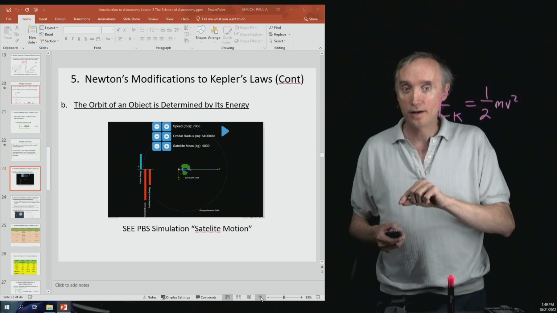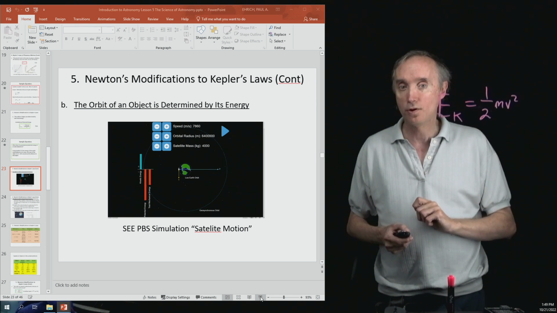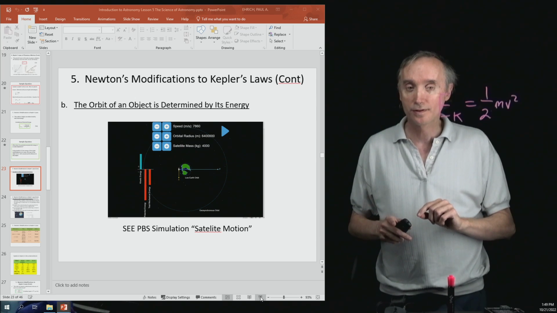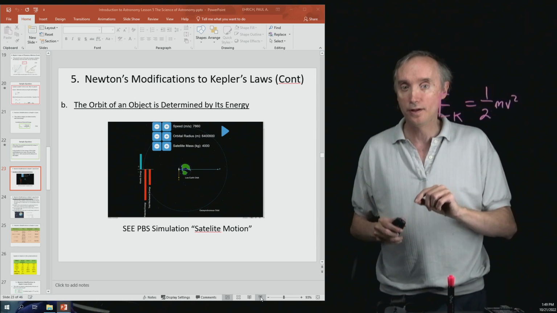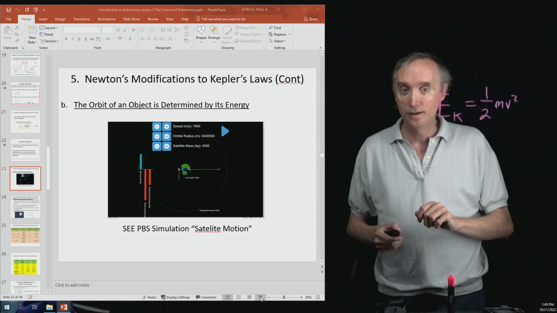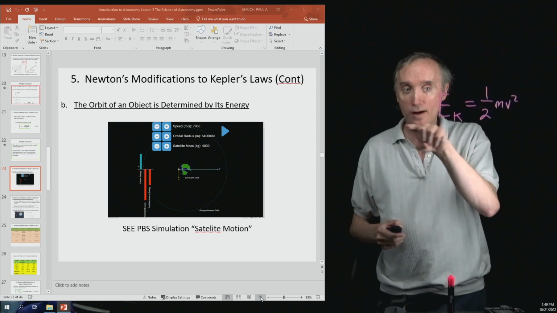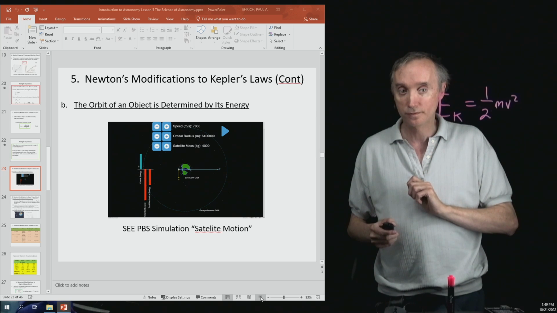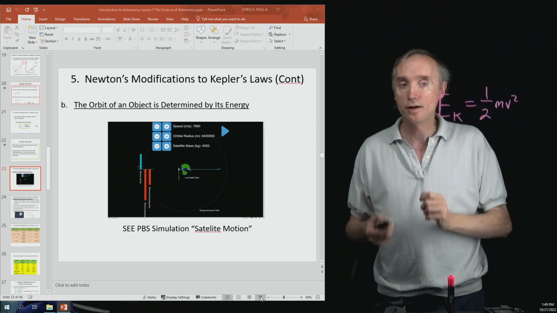So when you add the kinetic plus the potential, you get the total energy of the thing. Notice that if the total energy is less than 0, it goes around and around in a closed orbit, just like Johannes Kepler said.